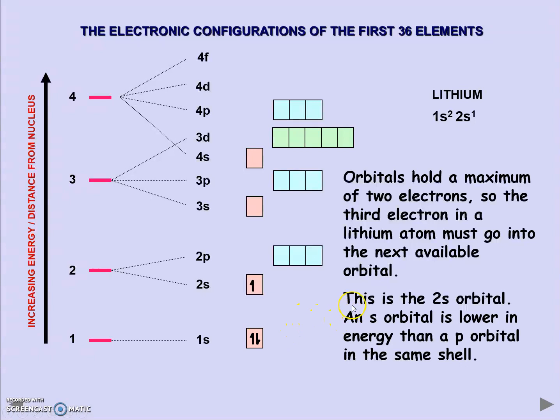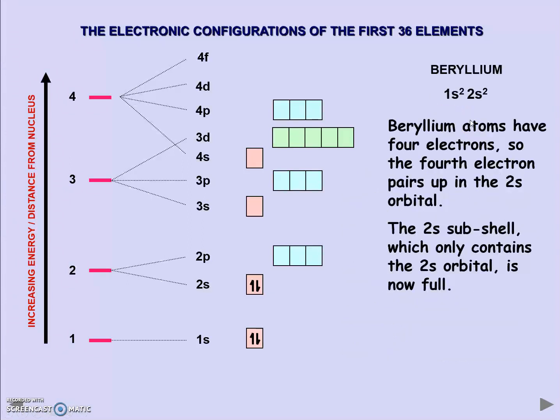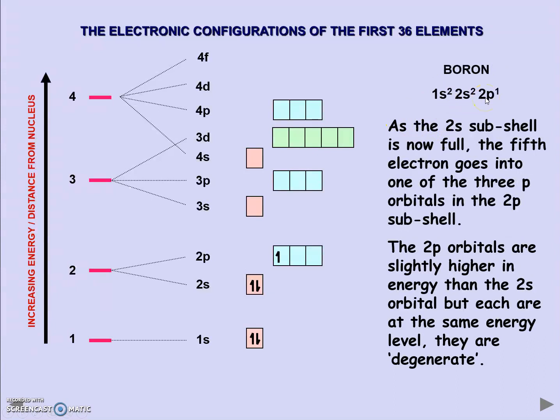Now we need to go to the second energy level to put in the next electron. Okay, and that will go into a 2s subshell or a 2s orbital. So therefore, the electron configuration for lithium is 1s2, 2s1. Beryllium follows the same pattern, and it has the electron configuration 1s2, 2s2.